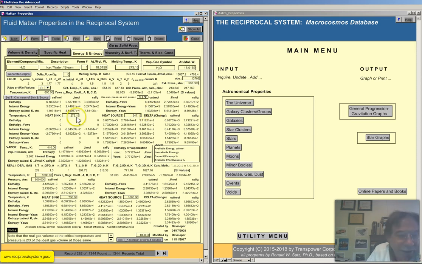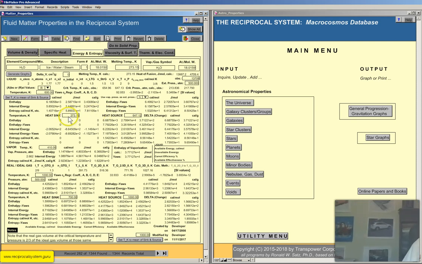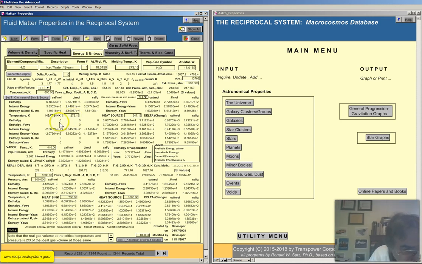Okay, and then we have the usual stuff here with heat sink and heat source. That's the melting temperature, really. So we're using relative values, so naturally these are 0 here. So then we have the heat source calculations, and we go through the rest of it here.